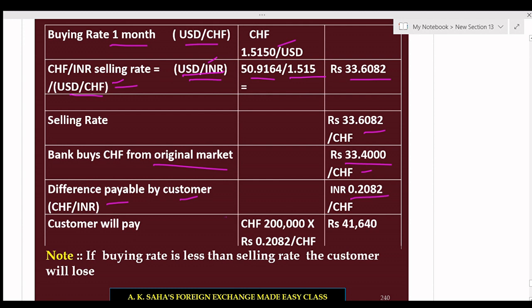The customer will pay Swiss franc 2 lakh multiplied by the difference 0.2082, which is equal to rupees 41,640. CHF will be cancelled, remaining rupees. If the buying rate is less than the selling rate, the customer will lose.